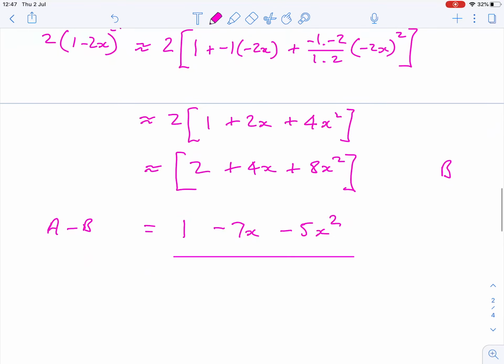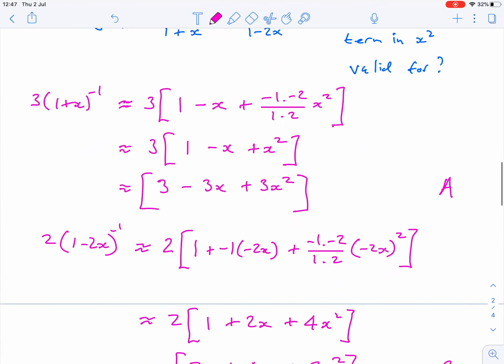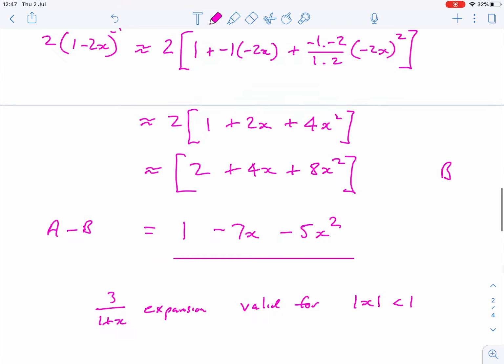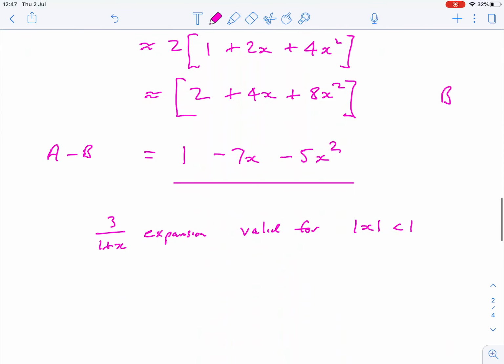So the expansion of 3 over 1 plus x is valid for mod x is less than 1. But the other one, 2 over 1 minus 2x, is valid for mod 2x being less than 1, which is mod x is less than a half.